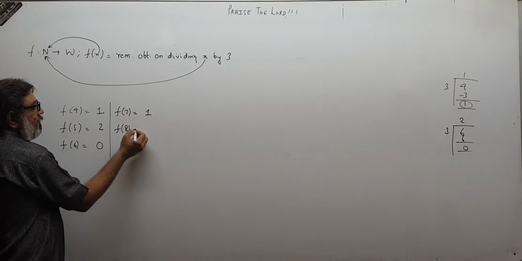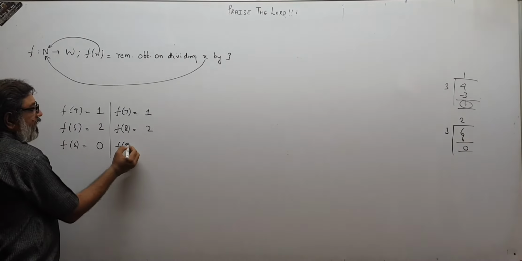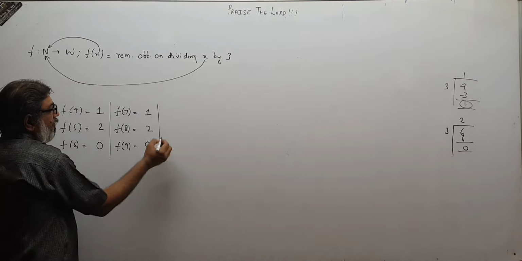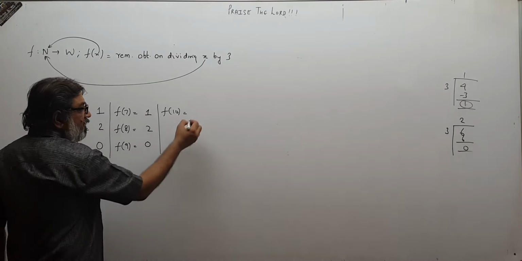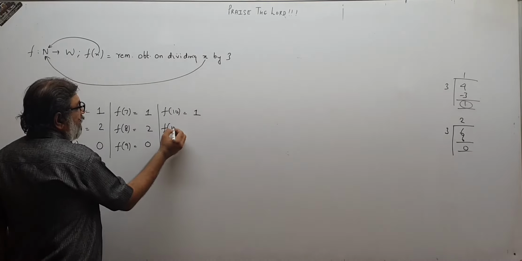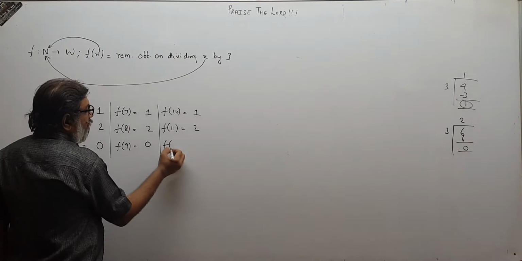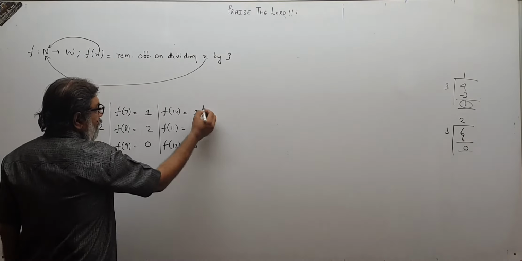What about f8? 3 twos are 6, 2 will be the remainder. What about f9? 3 threes are 9, no remainder. What about f10? 3 threes are 9, 1 is the remainder. What about f11? 3 threes are 9, 2 is the remainder. What about f12? 3 fours are 12, no remainder.